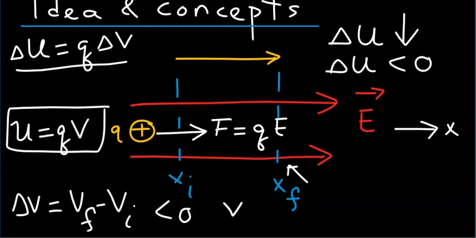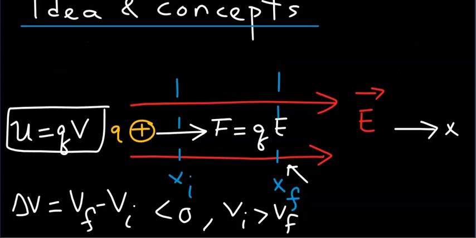That means your initial point electric potential must be greater than the electric potential of the final point. What this all means is that if a charge were to move between 2 points, these 2 points must have different potentials, with the initial point's potential greater than the final point's potential.